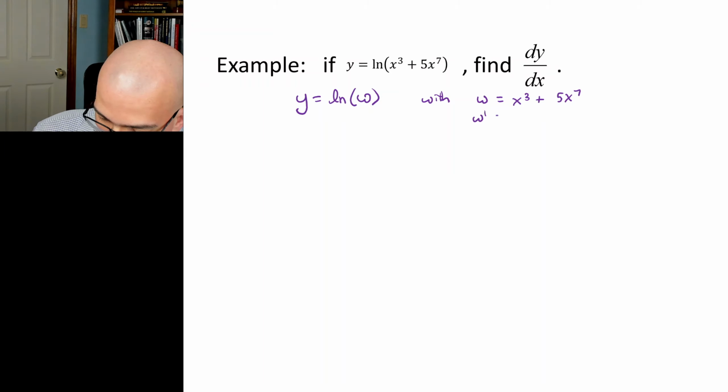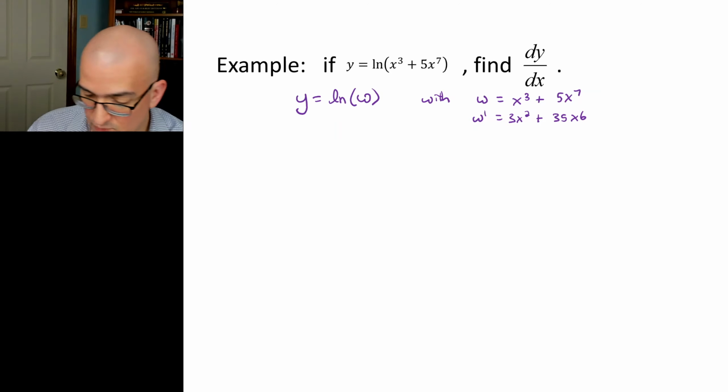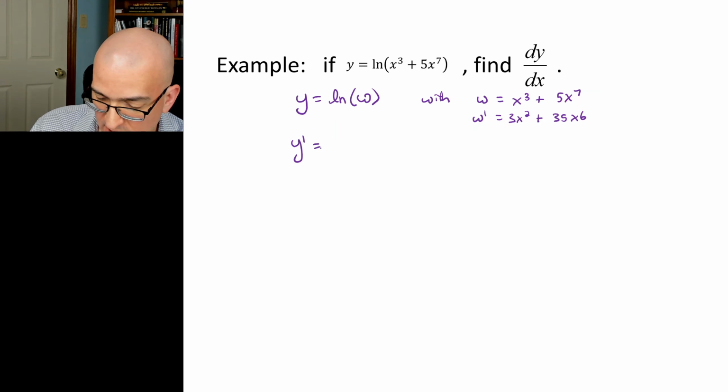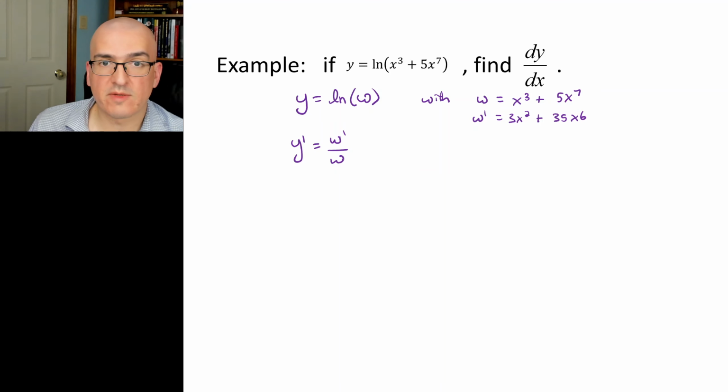We'll take the derivative. W prime is 3x squared plus 35x to the power 6. And we'll need that when we take the derivative of y. Y prime is 1 over w times w prime, which it's fine to go right away to the formula w prime over w.